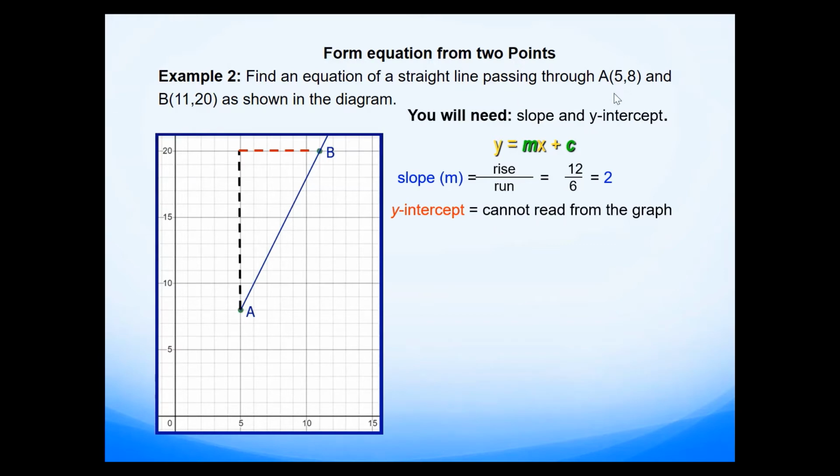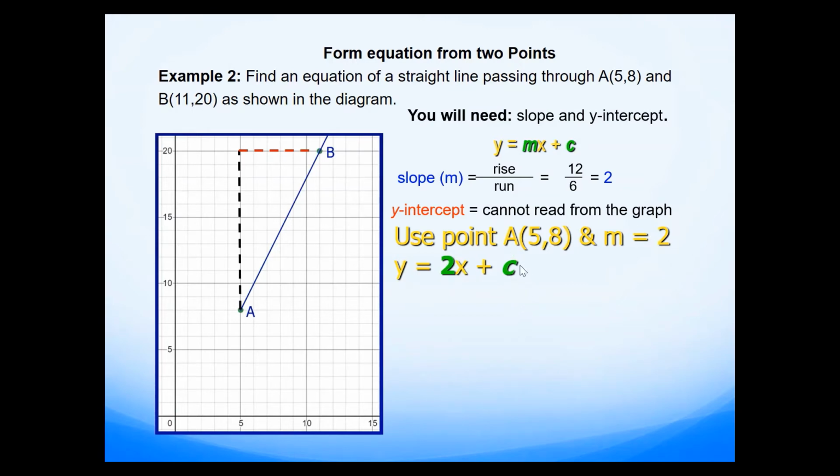So in this case I will use point A, 5, 8, and we already calculated the value of the gradient, which we will be using. So the general form for the equation of a straight line is y equals mx plus c. So we'll substitute the information that we already have. So y is equal to 2, the value of the gradient, so 2x plus c.